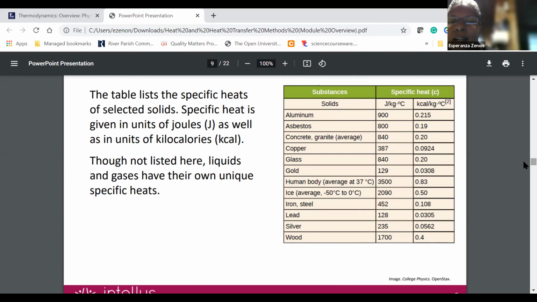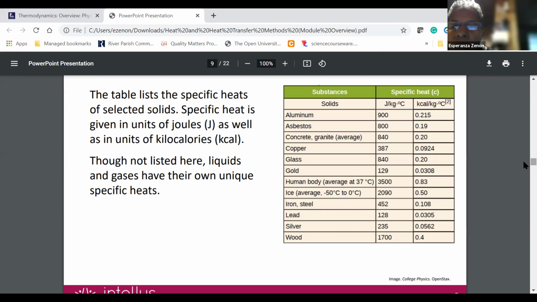And once it's heated up, it holds the heat quite well. So for example, you see on there gold. Gold has a value of 129 joules per kilogram degrees Celsius. So it means that gold heats up very easily, but once you remove the heat, it cools down very easily.